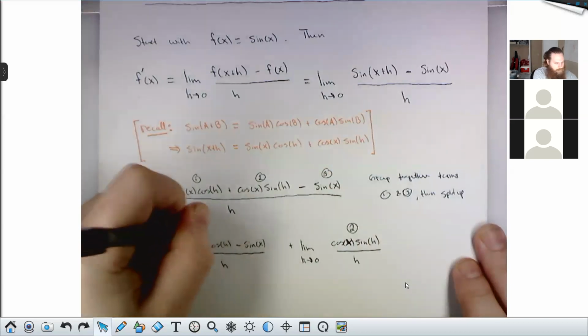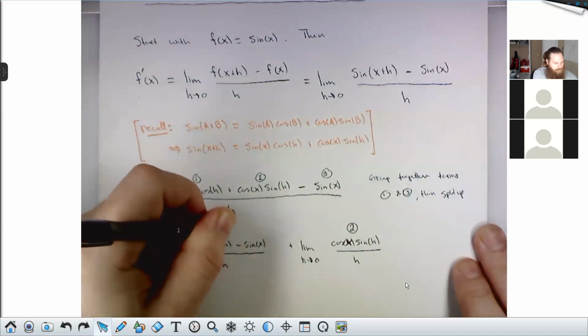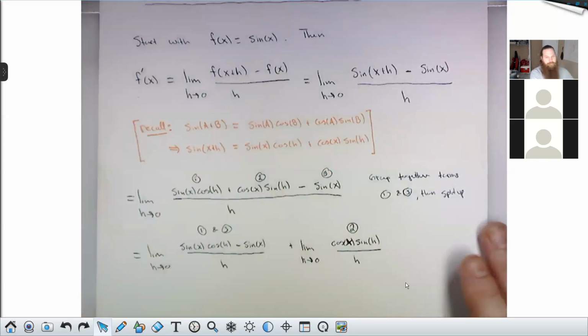Will it always be term 1 and 3, or is there a specific reason you did it for this one? There is a specific reason I did it this way for this guy. So this is terms 1 and 3. This is term 2. The reason I'm doing this is because I can factor a sine x out from here, right? These two pieces both have the common factor of sine x. And this piece is what's left over when you group the pieces that have sine x in them and factor it out.